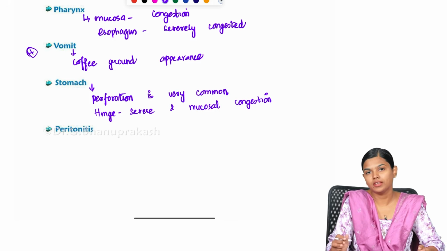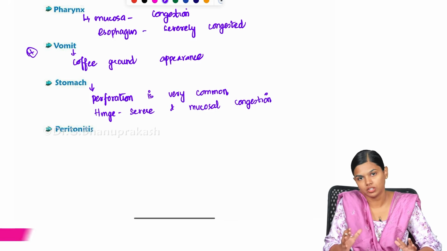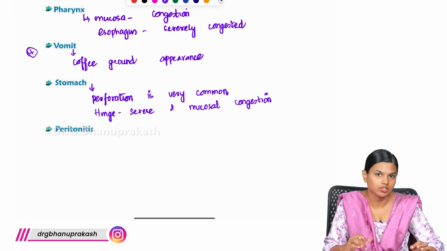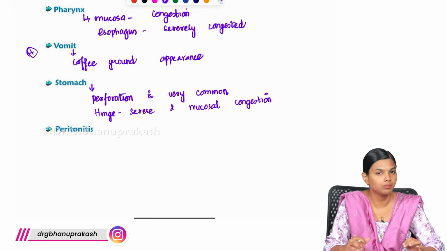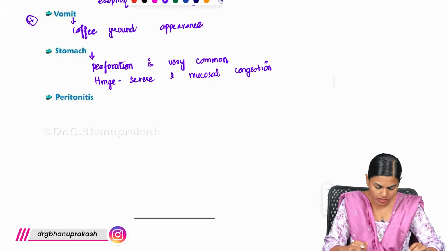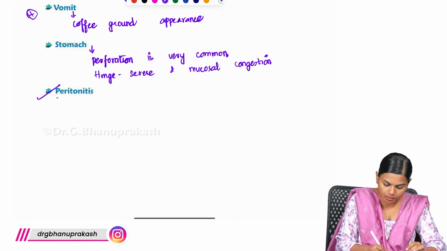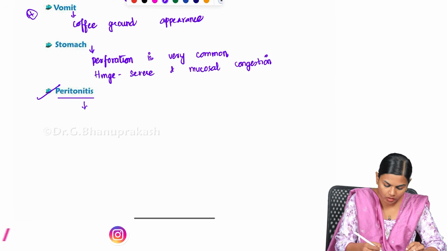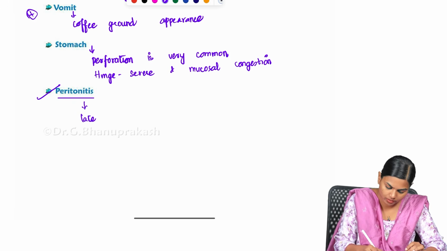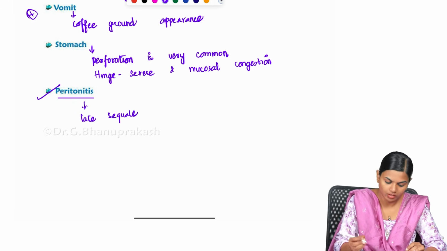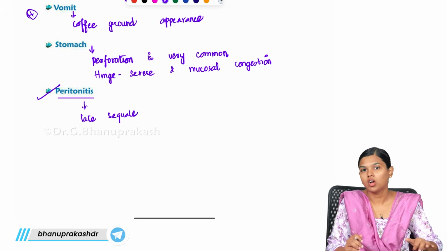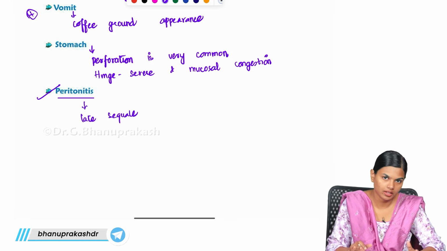So in the stomach you can get severe hemorrhage and mucosal congestion along with the perforation. Sometimes you will get perforation peritonitis also. Because of the perforation there will be peritonitis, and you can get late sequelae. These are the commonest things that you will see in the stomach.